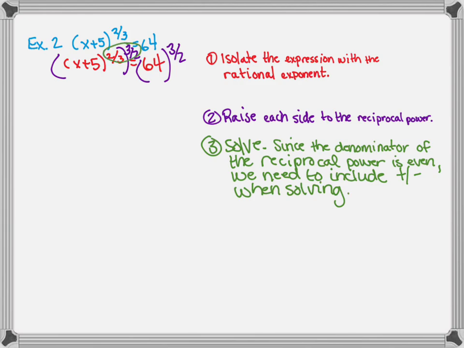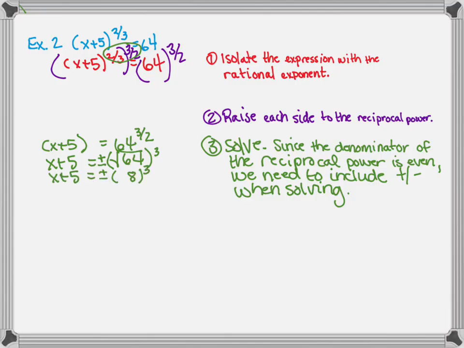So power to a power, we need to multiply our powers. 2/3 times 3/2 is 1. So we have x plus 5 quantity raised to the 1 power, or just x plus 5, equals 64 to the 3/2 power. X plus 5 equals plus or minus the square root of 64 cubed.